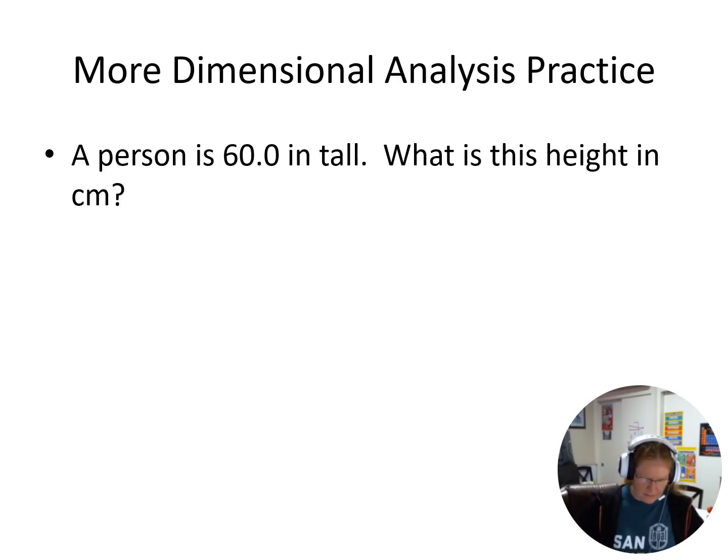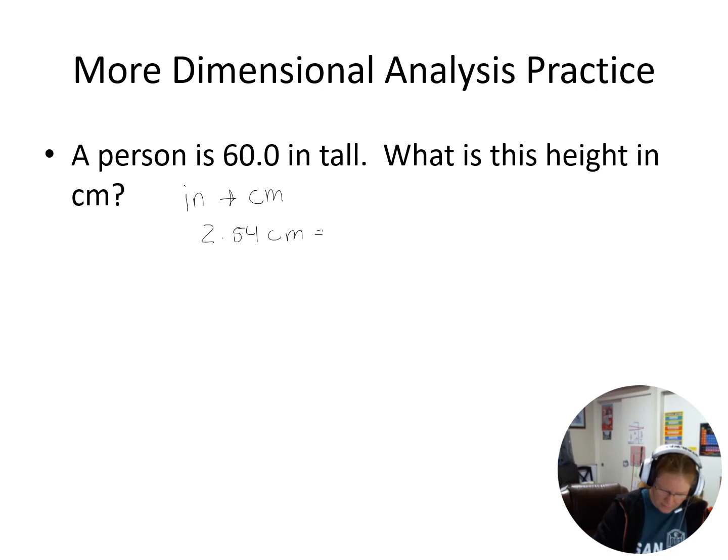All right, here we want to go from inches to centimeters. Okay, and remember we have that 2.54 centimeters equals 1 inch. Okay, so we're going to take our 60 inches times 2.54 centimeters and 1 inch.